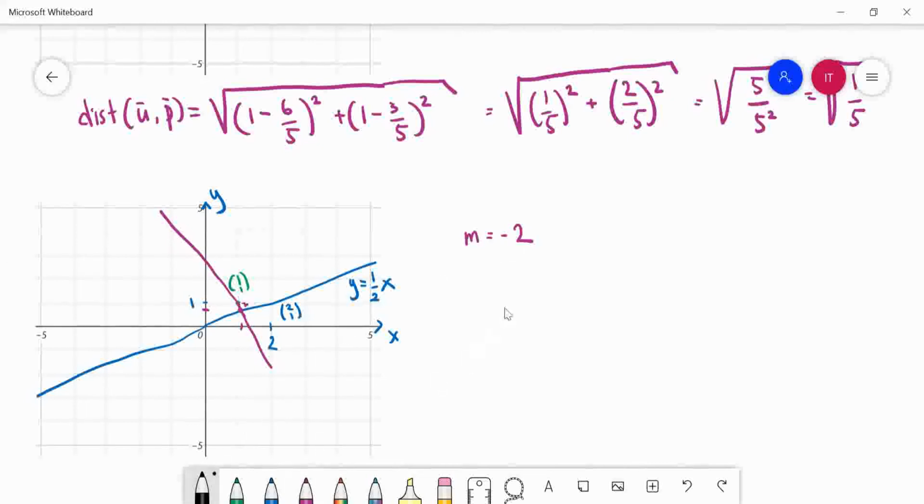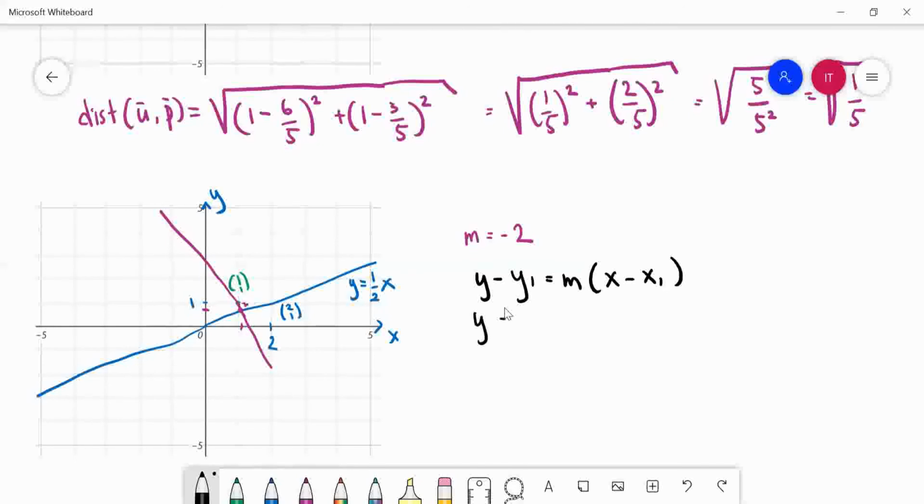Now we put this gradient into the normal equation for a linear equation. Here x1 and y1 is the point that the magenta line passes through, so in this case it is (1, 1).